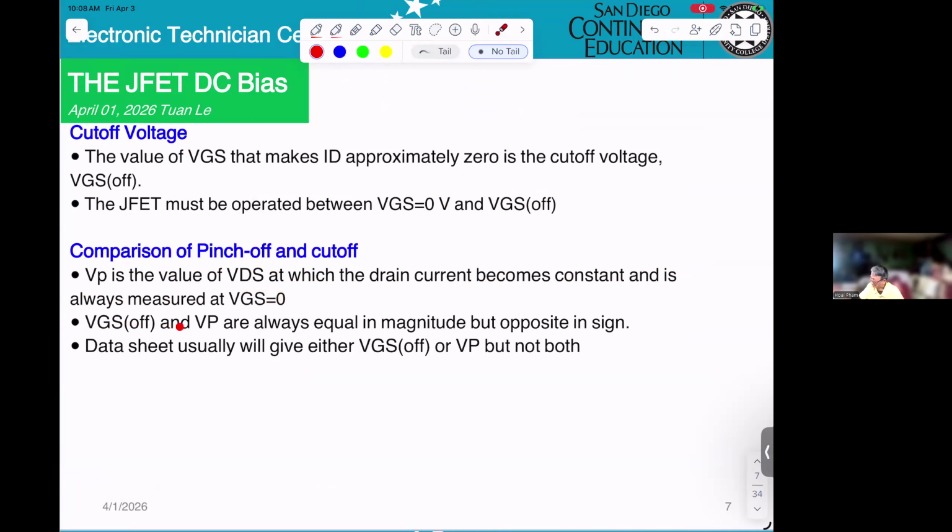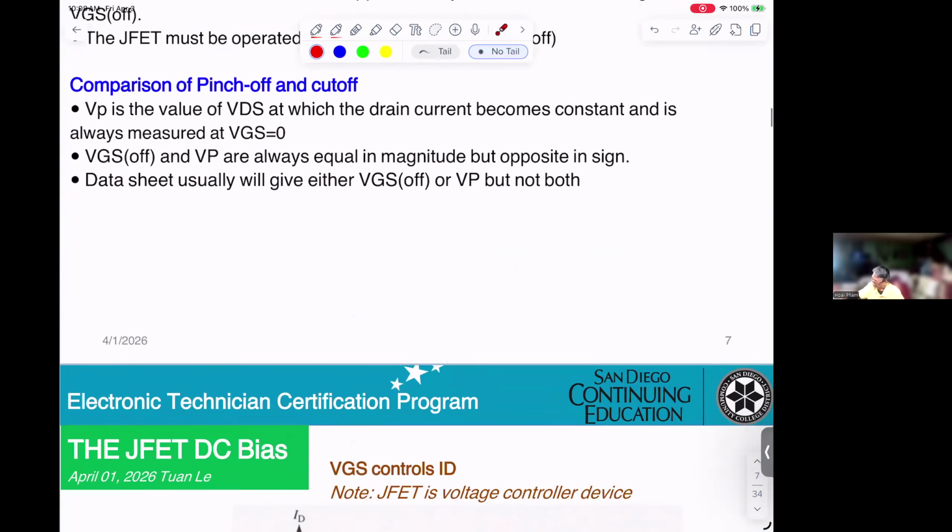VGS(off) and VP are always equal in magnitude but opposite in sign. Data sheets usually give either VGS(off) or VP, but not both.